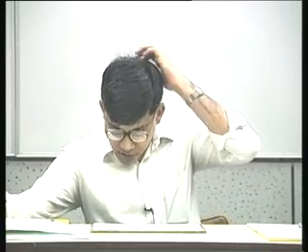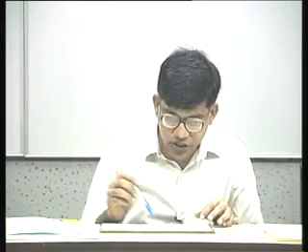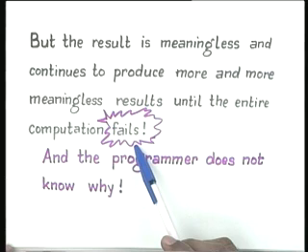So, it will produce something, and it will be very hard for the programmer to detect what exactly went wrong, right. Okay, so the question of failure is not something that might be immediately detectable.